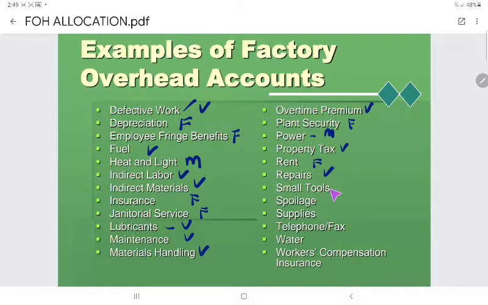The small tools will be variable, no? Hindi naman fixed yung ginagamit mo dyan. Pwedeng nadadagdagan. Spoilage will be depending upon the cost that you have accumulated, but this will also be most often variable. Supplies will be variable. Telephone will be mixed cost.